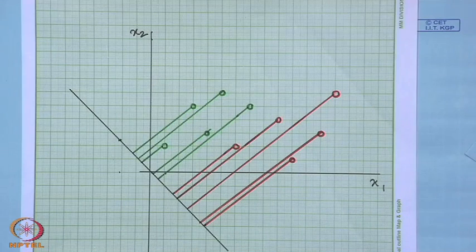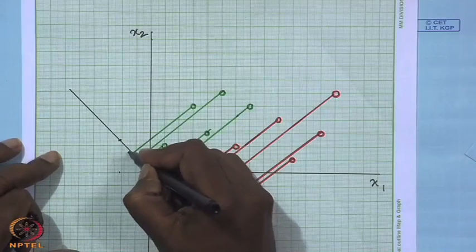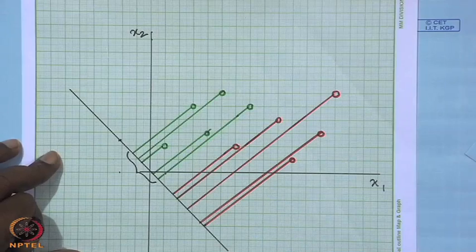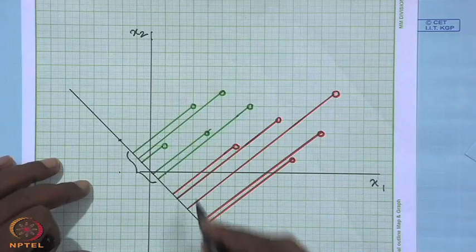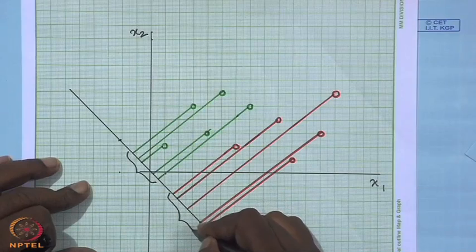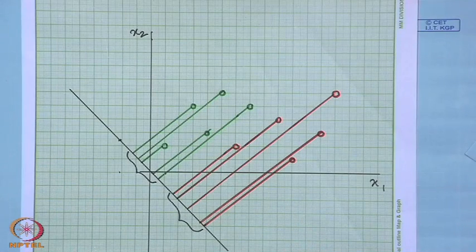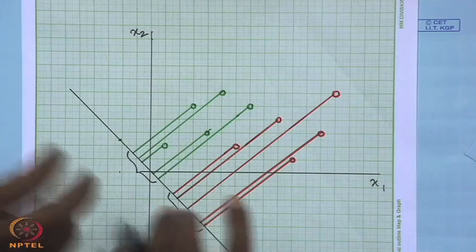Now we find that when I projected the feature vectors belonging to class omega 1 and those belonging to class omega 2 onto this projection vector, they are not mixed anymore, they are well separated. Over here is the region in which the feature vectors belonging to class omega 1 get projected, and this is the region over which the feature vectors belonging to class omega 2 are projected, and these two regions are well separated.